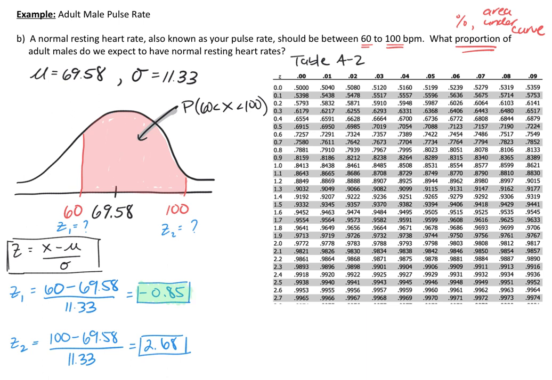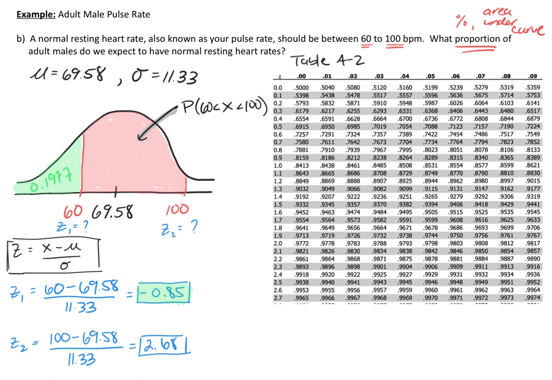From your z-table on the negative side, you will see that this z-score corresponds to an area of 0.1977 to the left. I'm going to draw that on the distribution and shade that area in green. So the area to the left of 60 beats per minute, or to the left of a z-score of negative 0.85, is 0.1977.